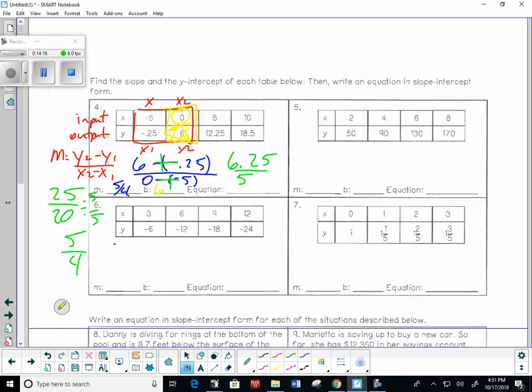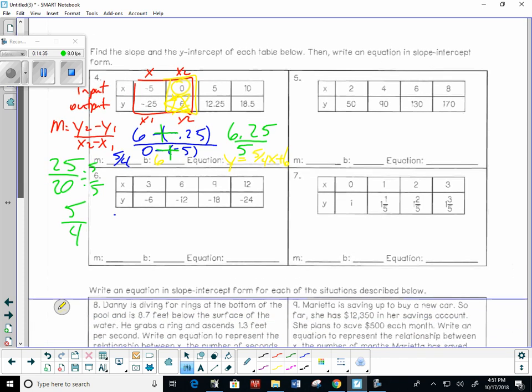Equation, our output, y equals 5/4x, and this is a plus 6. Plus 6. Are you able to get that? It was kind of a hard one, wasn't it? Okay. You see how to do it.